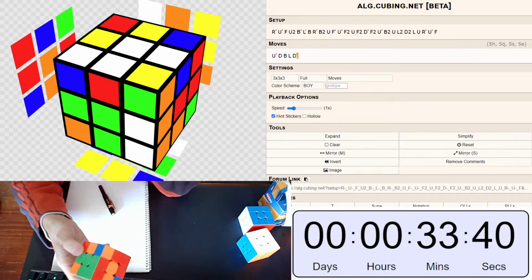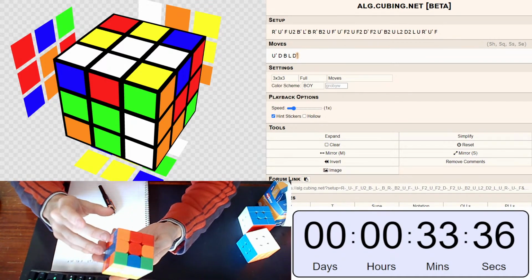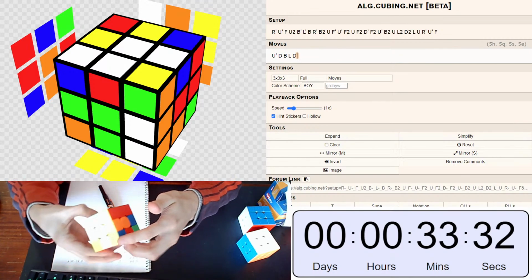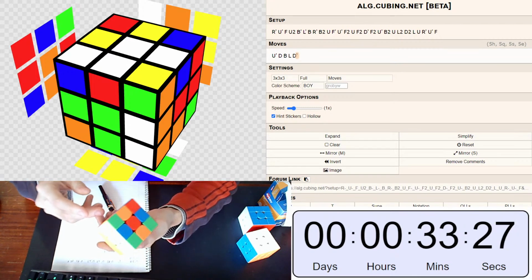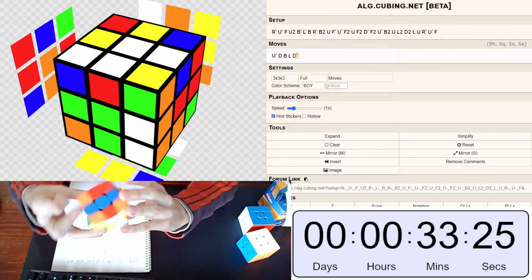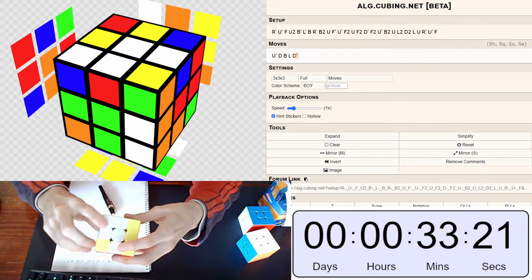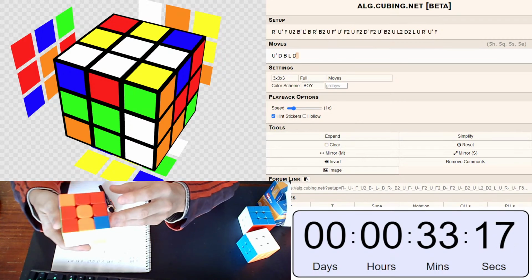Really not sure what I can do on this scramble. On this one, D2 solves this block. D from B2 maybe? What about HTR? How far am I from HTR? What can I do with corners?